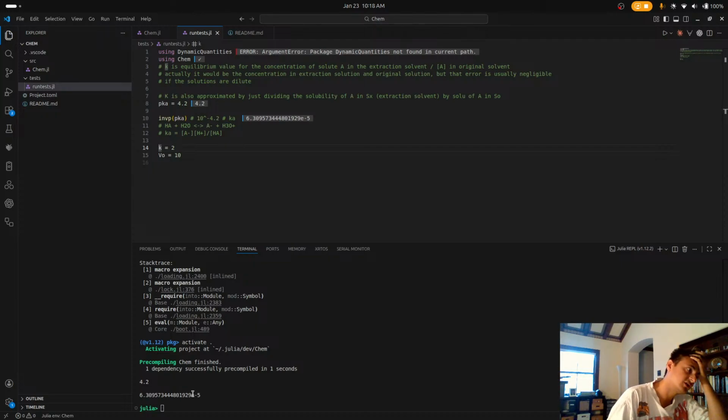That's the thing about weak acids: they are really weak. They basically don't give up their protons.